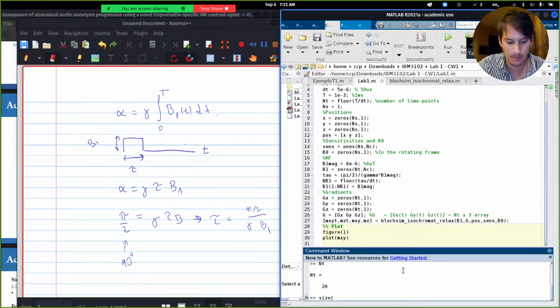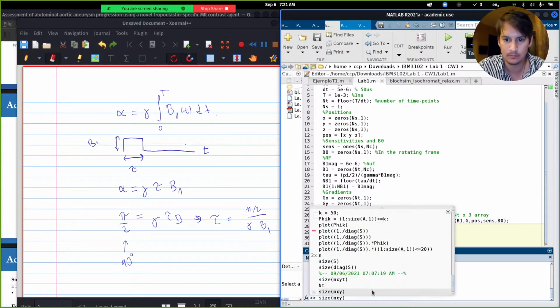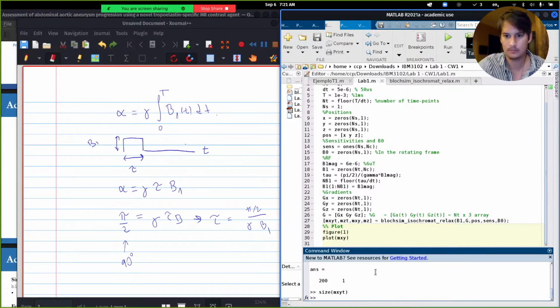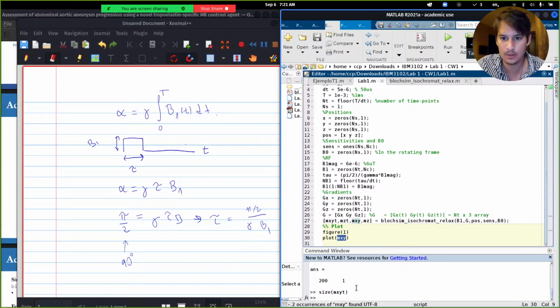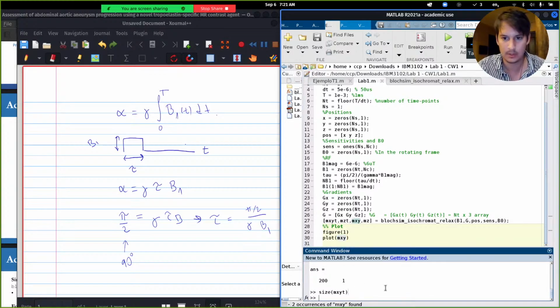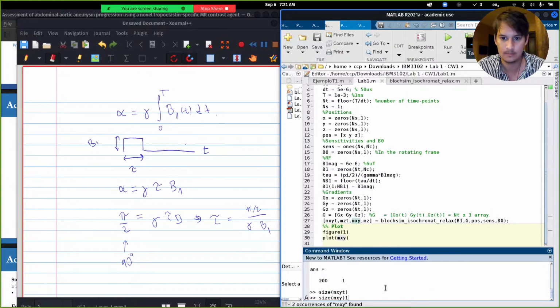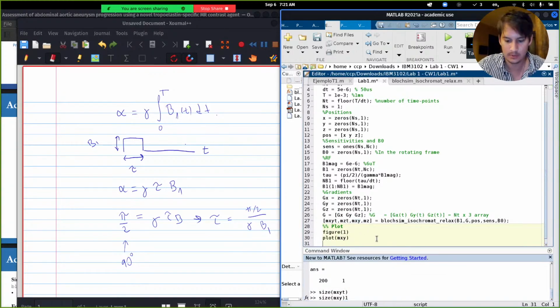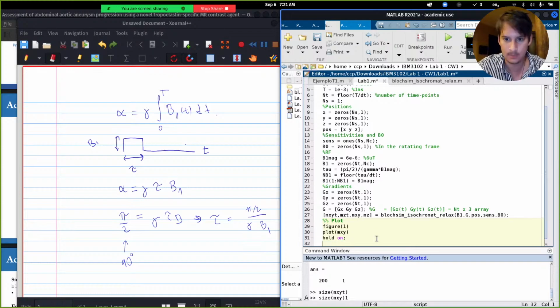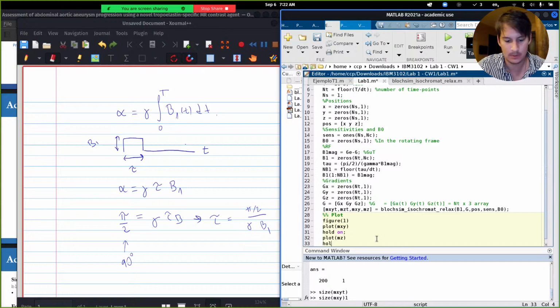Size mx1. Okay, so let's plot this then. Plot this, hold on, plot, and set, hold off.